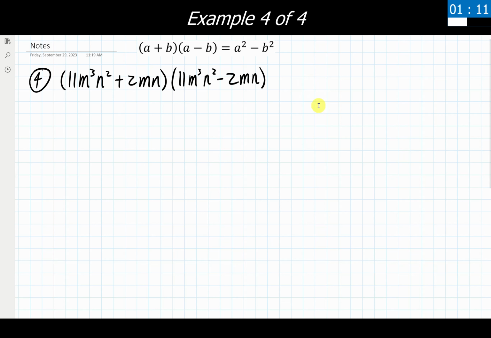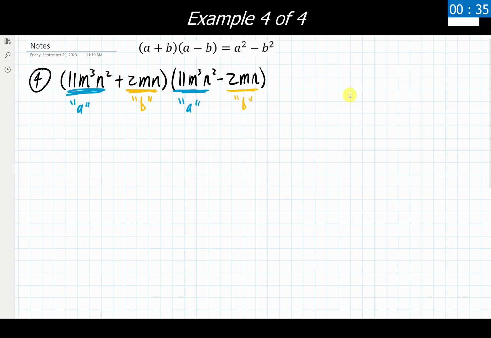I just wanted to show these examples to say, hey, things can look gross. We're still going to go right back to our process and use that to get to our final answer. So I am once again going to identify what's my, and I'm using air quotes with this, A terms. That's going to be the first things in each of these sets of parentheses. We'll look at what the B terms are going to be, and that's the second things in these sets of parentheses. We are once again noticing that we have conjugates here. One of them has a positive sign in the middle, the other has the negative sign in the middle. Doesn't matter which one has which, but one is positive and one is negative. That's the requirement.